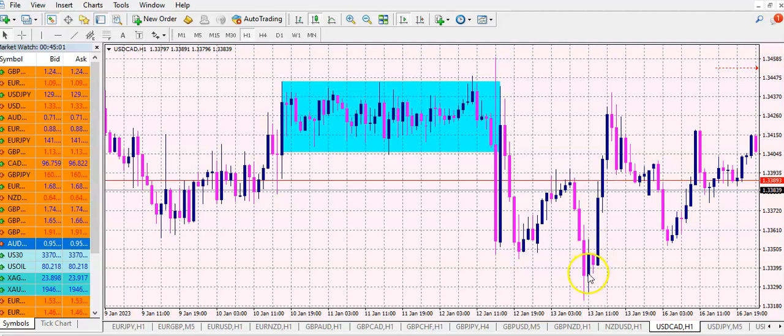Number one, it moved quickly out of that particular place. Number two, it broke this particular resistance to the upside.